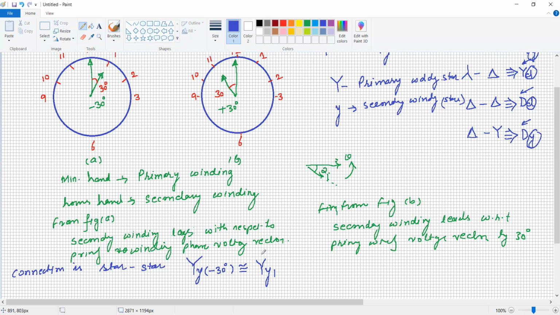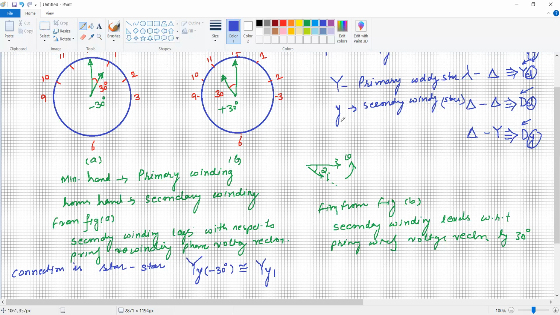It is representing the phase difference of EMF induced in the per phase voltage. So first letter represents the primary winding connection, second small letter represents the secondary winding connection, and numerical value represents the vector group. So this is the vector group YY1.